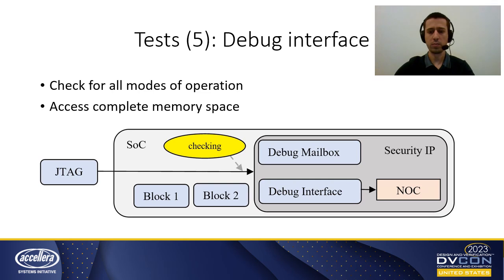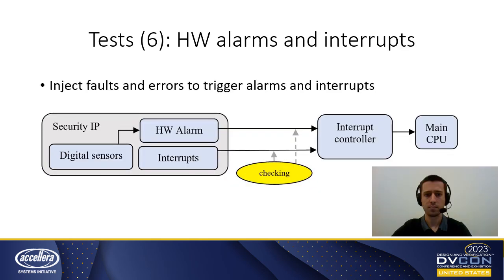We need to perform intentionally wrong hardware authentication and see that it's still locked, and then at the end we perform correct authentication and see that we can access the complete address space of the security IP unit. In secure mode of operation, we need to perform all three scenarios again and make sure that we cannot access the security IP in any way.